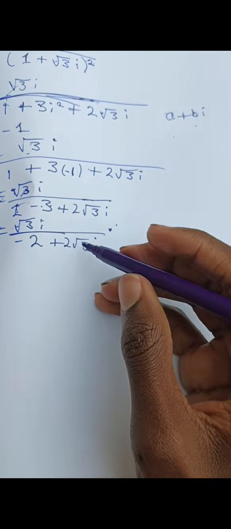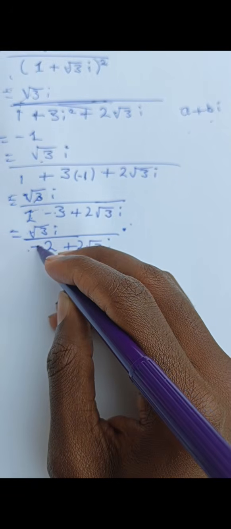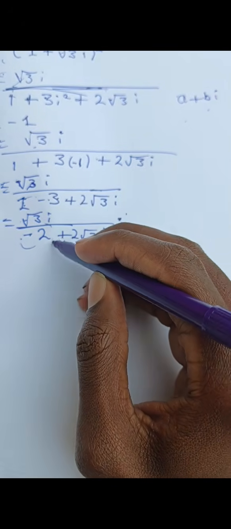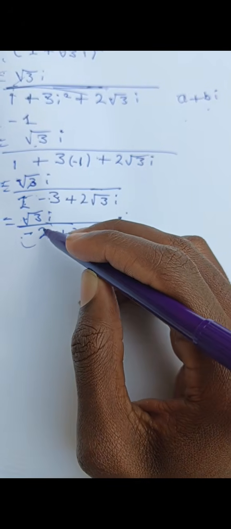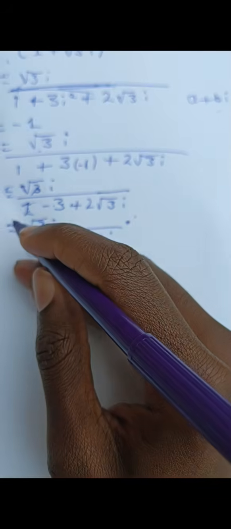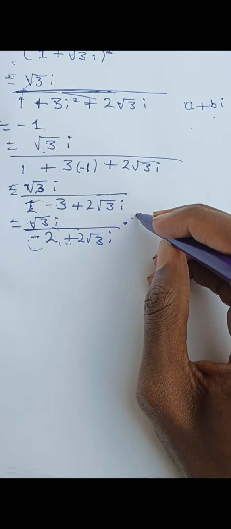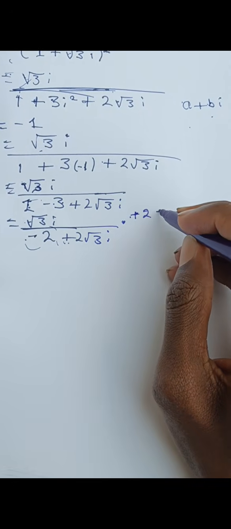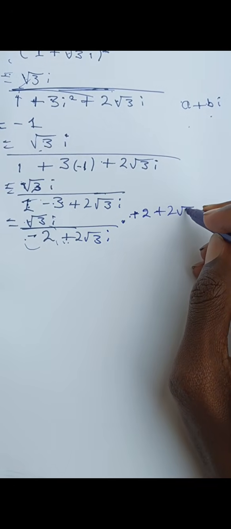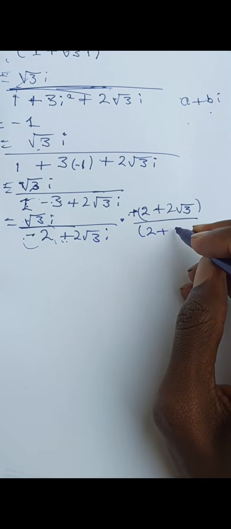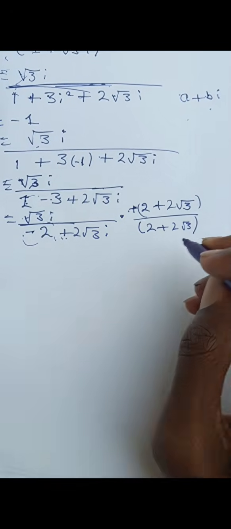The way that you find the conjugate is you change the sign for either this or this, any of these two. I know most of you have mastered that. You can change for any as long as you maintain the other constant. So I'll change the sign for this one. So I'll say positive 2 plus 2 square root of 3i over 2 plus 2 square root of 3i.